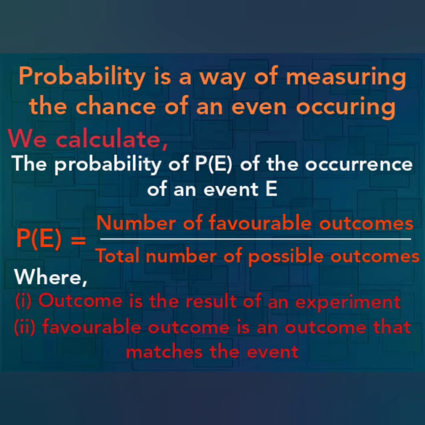Outcome, a result of an experiment, you have to write in the denominator, and favorable outcome is an outcome that matches the event. The favorable outcome you have to write in the numerator. Therefore, the formula to find the probability is number of favorable outcomes divided by total number of possible outcomes.